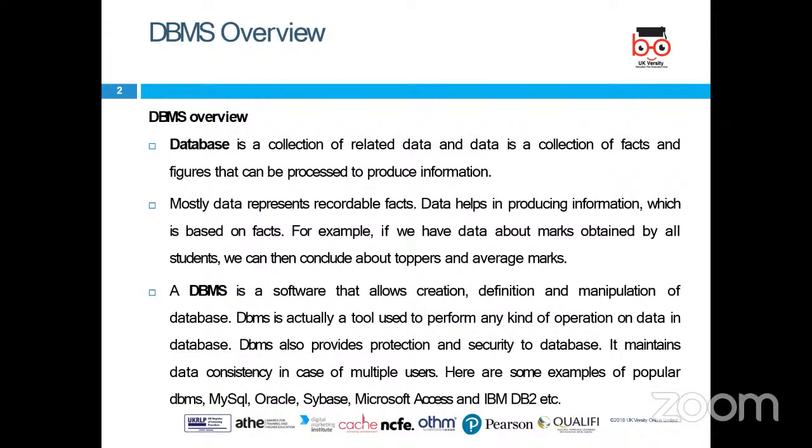DBMS stands for Database Management System, which is a simple software that allows creation, definition, and manipulation of a database. It is a tool used mainly for database management operations, where we can retrieve, add, update, or even delete entities.